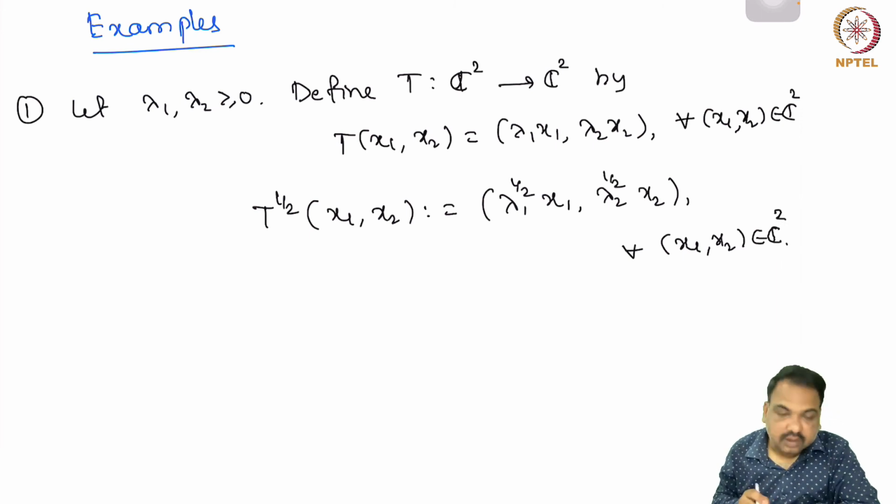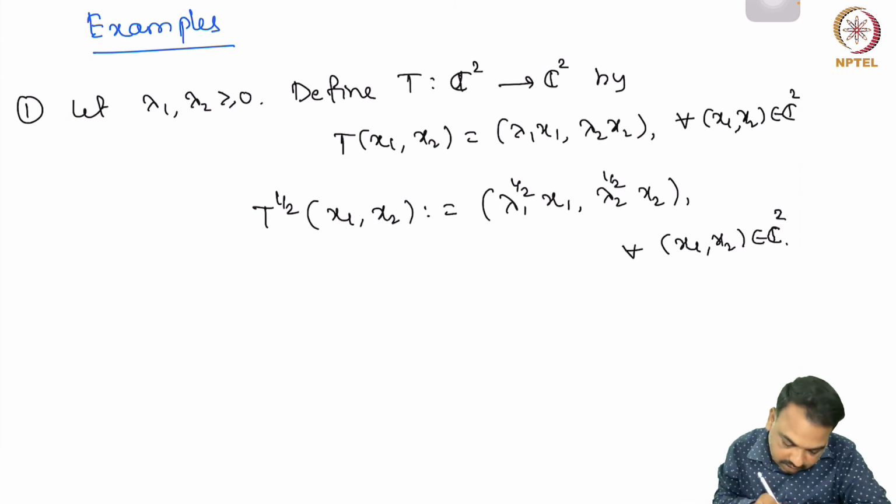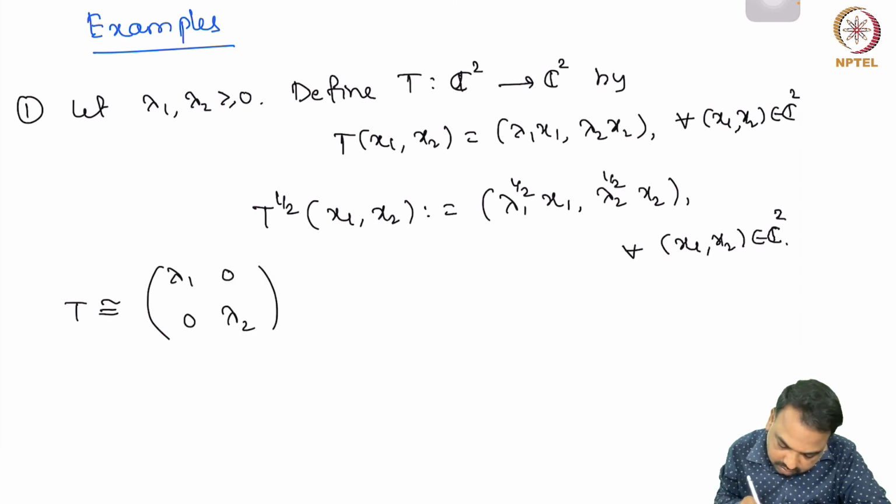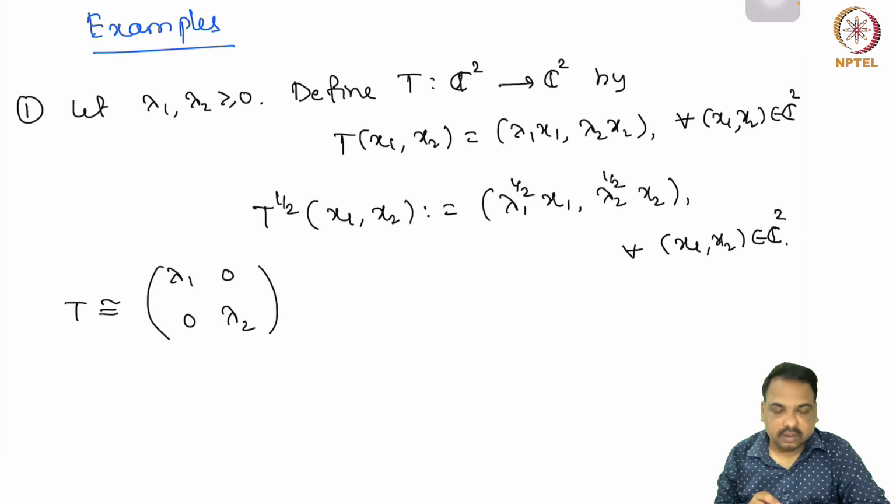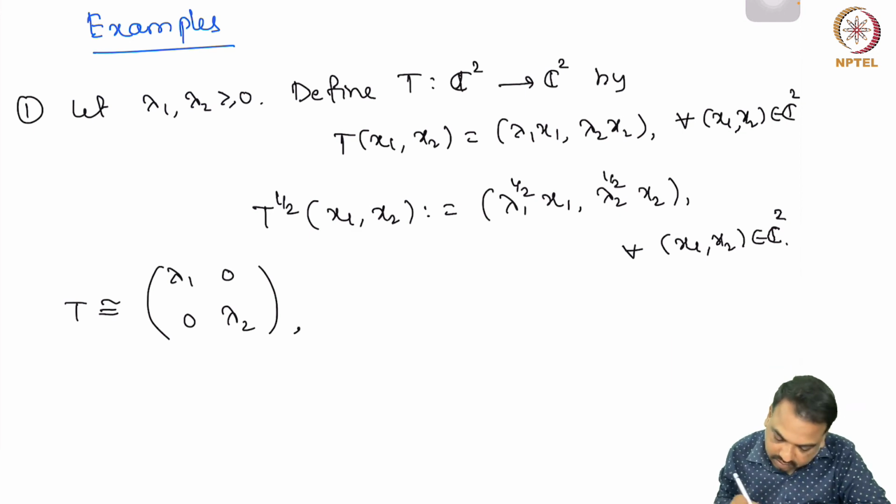And if you square this, you will get T. Now since the square root of a positive operator is unique, we can conclude that the square root of T is exactly this operator. The matrix of T with respect to the standard orthonormal basis is lambda 1, 0, 0, lambda 2, and the matrix of the square root of T is nothing but square root of lambda 1, 0, 0, square root of lambda 2.